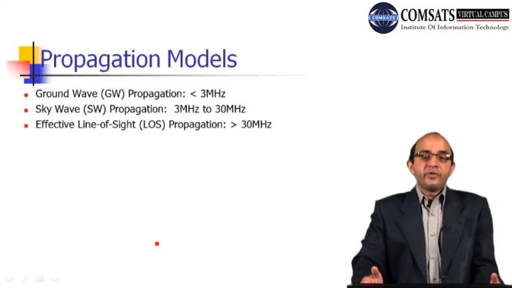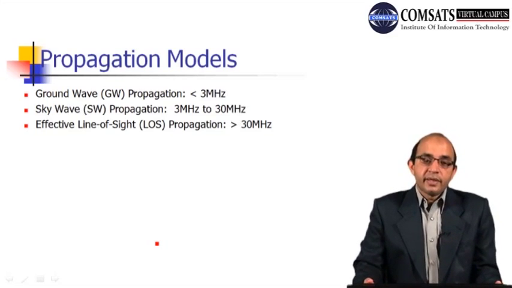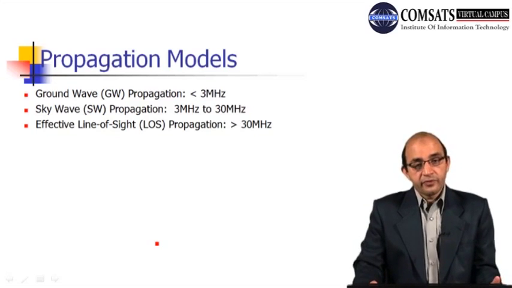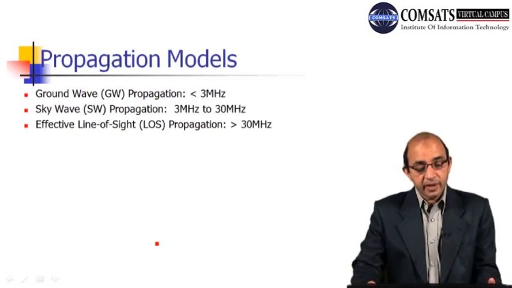When we talk about antenna communication, there are different propagation modes, right? For example, we have the ground wave propagation and also the sky wave propagation, and there are different frequency ranges associated with those different propagation modes, right? For example, in case of line of sight propagation, we have frequencies that are above 3 megahertz.